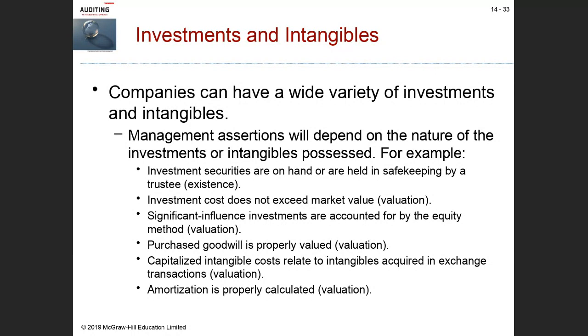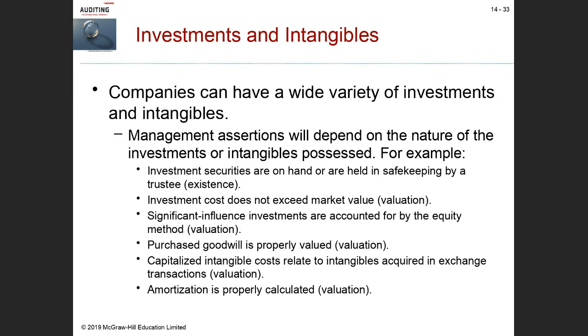The next bullet point says investment cost does not exceed market value. Of course, if it did exceed market value, it would have to be written down, but their assertion is market value is higher than cost. Management asserts that significant influence investments have been accounted for by the equity method as required by IFRS.